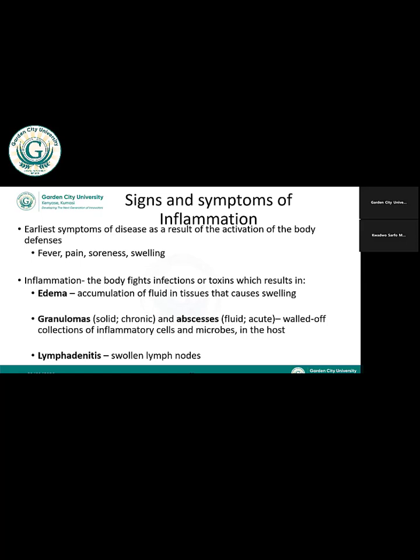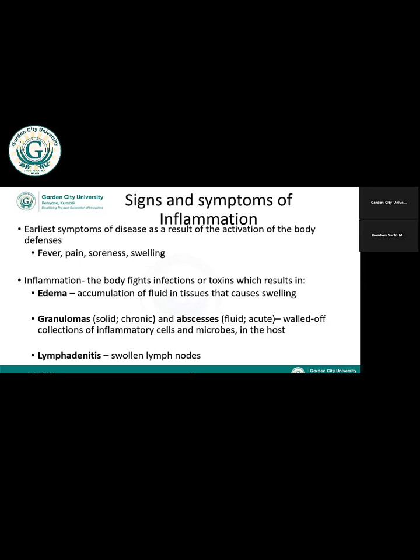So sometimes the organism produces toxins in response to the fight from the immune system. And there could be edema, which is an accumulation of fluids in the tissues, which results in swelling. This is in response to the fight from the immune system.